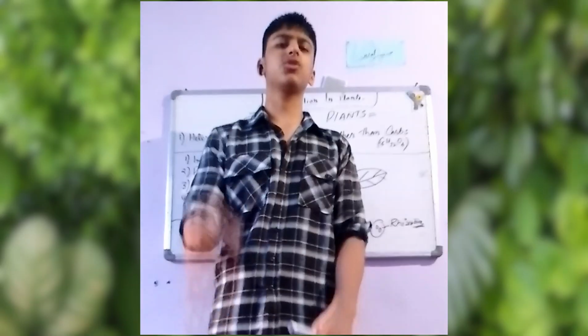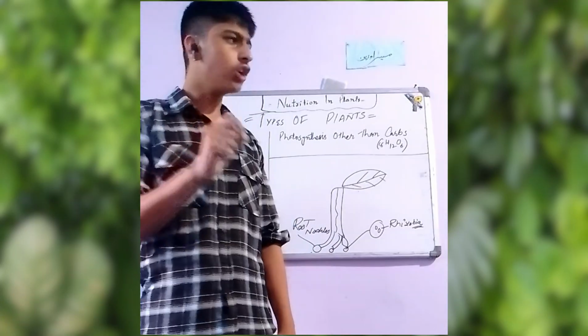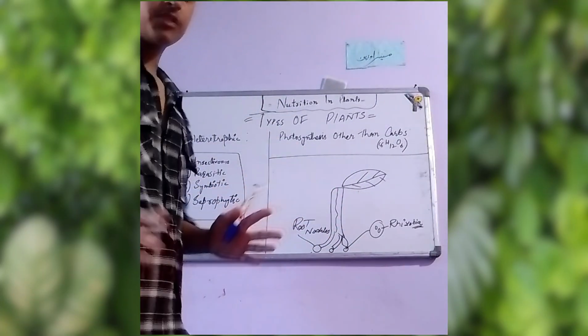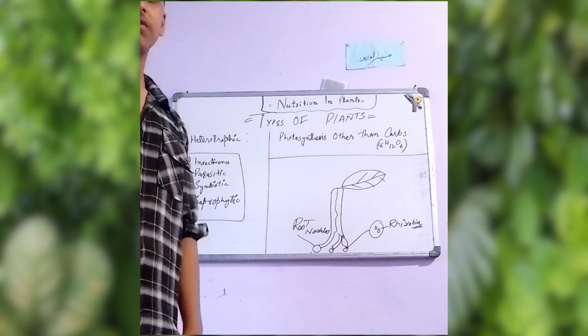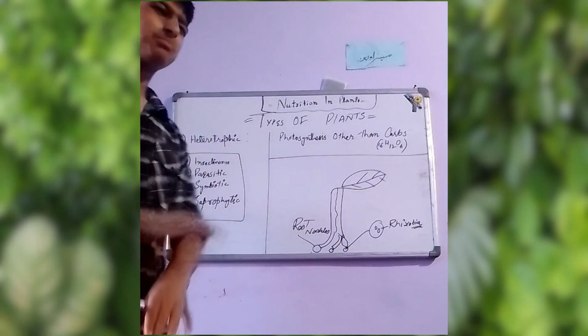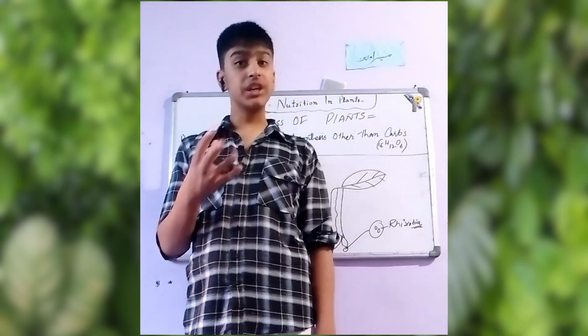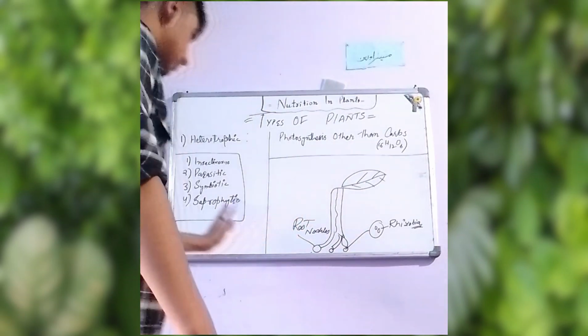Other reasons are they grow in nitrogen deficient soil, which is not suitable for the photosynthesis of a plant. So some plants don't have the potential to create their own food. So we will learn about some plants.